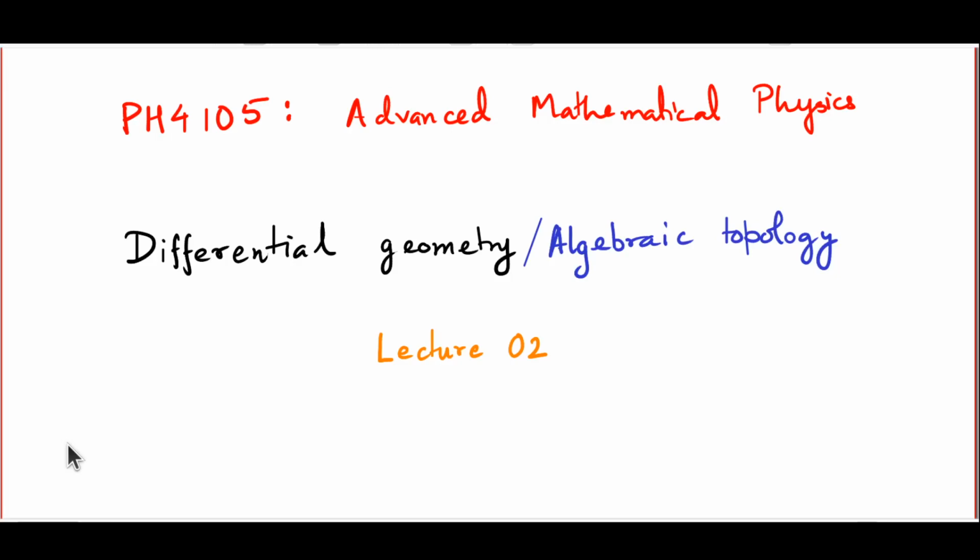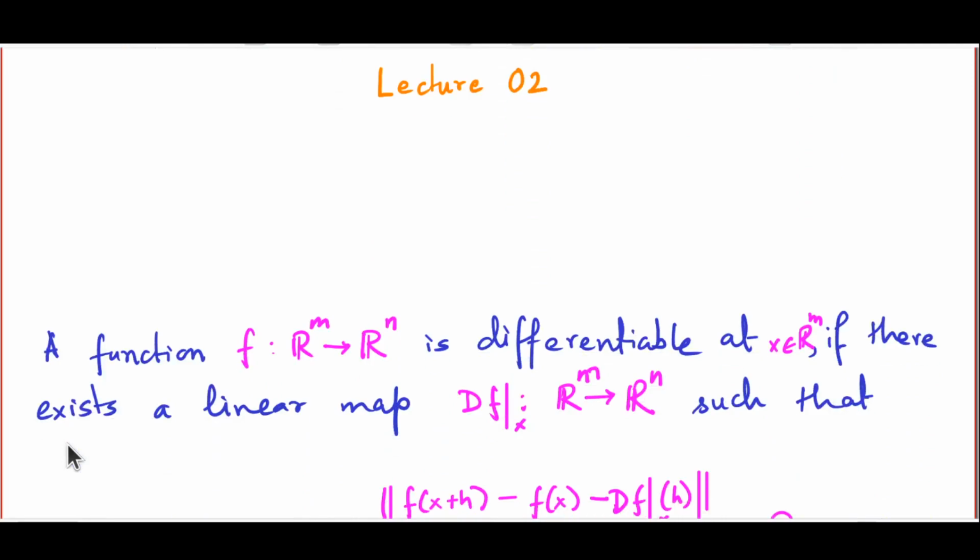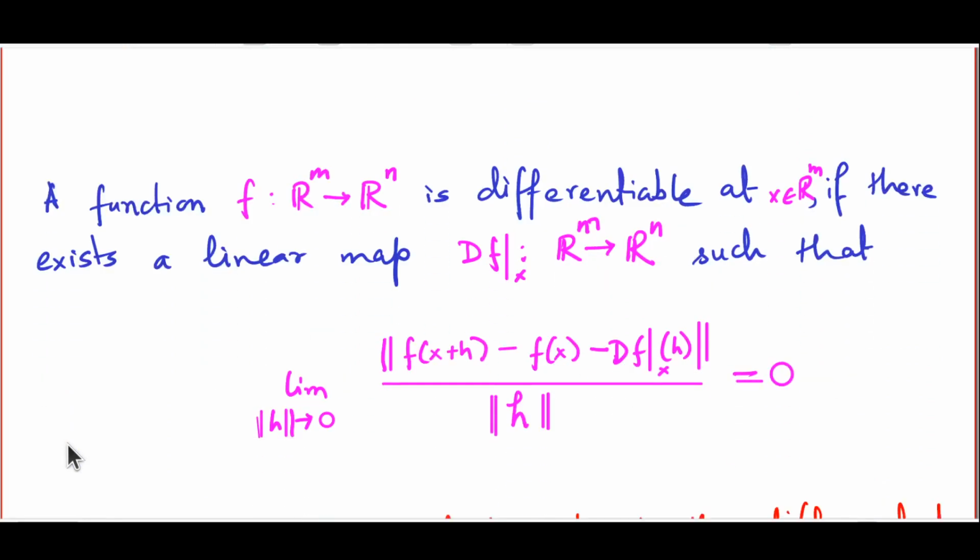We had explored the notion of differentiability via the notion of a differential, a linear map df of x which carries Rm to Rn, such that the difference between f of x plus h minus f of x and the value which df of x has on the change h in the argument of f is small for small h.